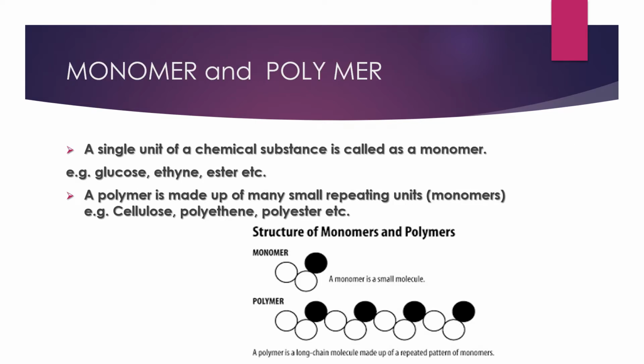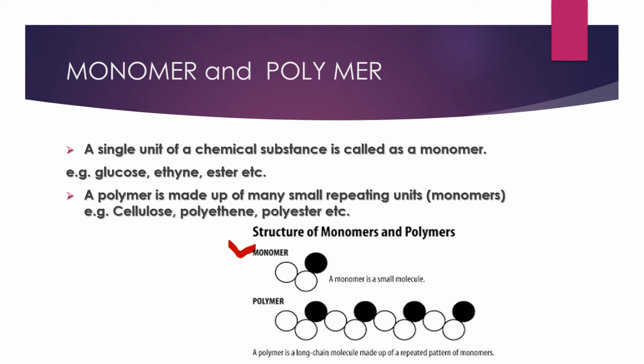Now let us see how a synthetic fiber is made. You are going to get introduced to two new terms, monomer and polymer. A monomer is a unit made from one or more subunits.